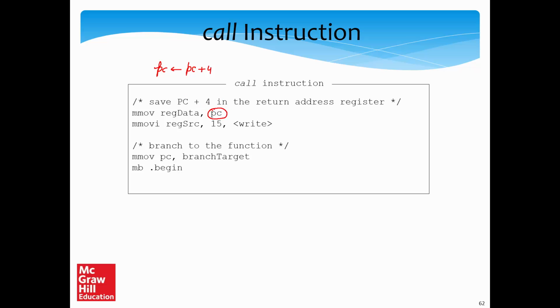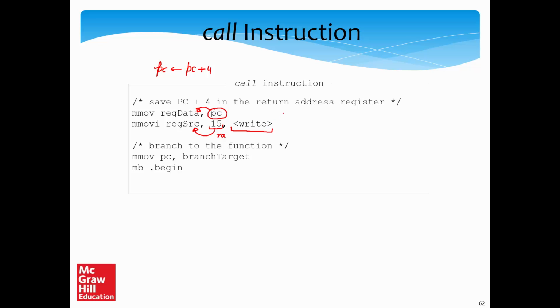So what we do is that we transfer the contents to the reg data micro register. This is what is supposed to be written to the register file. Then we transfer 15 to reg source. Why 15? Because 15 is the ID of the return address register. And simultaneously, we send the write command on the shared bus.